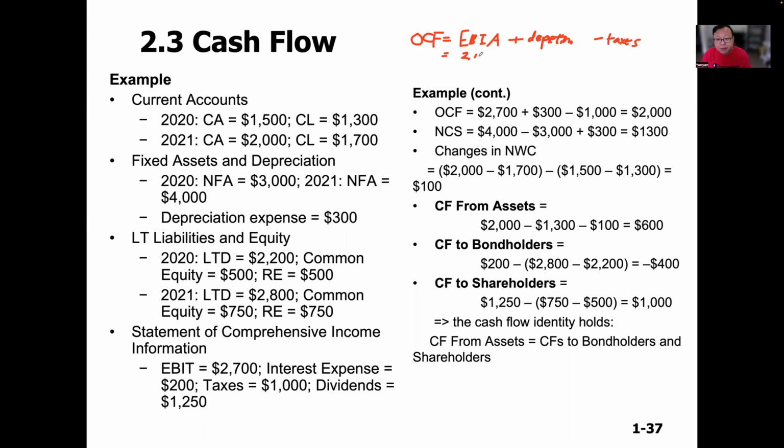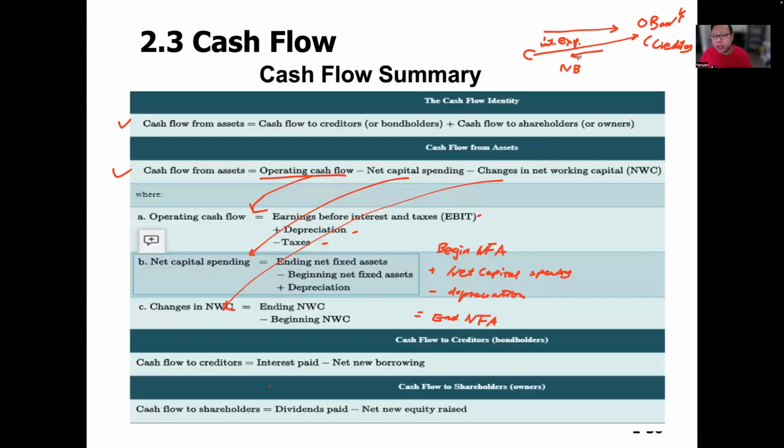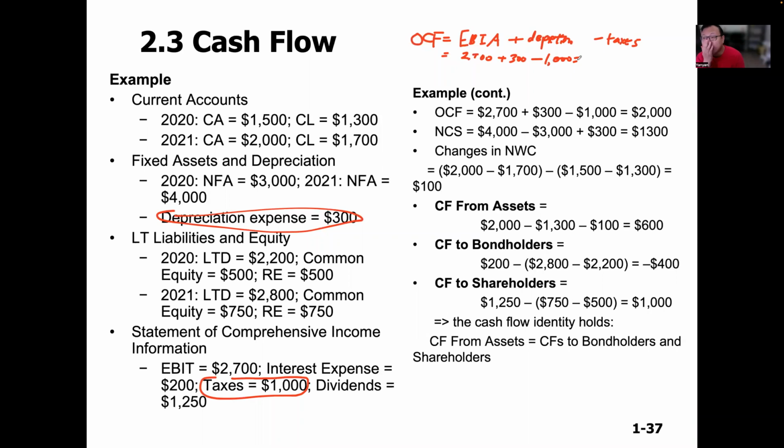EBIT is 2,700. Depreciation, 300. Corporate tax, 1,000. So 2,700 plus 300 minus 1,000. So what did I get? No, I got 2,000.